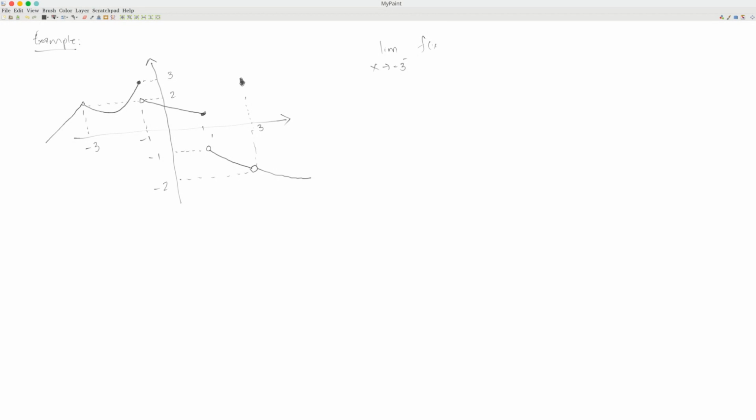So that is the open dot. So we'll get 2. As you approach -3 from the right hand side, we are hitting the same point. It is still 2. So the limiting value, the limit at -3, does exist, and it is 2.